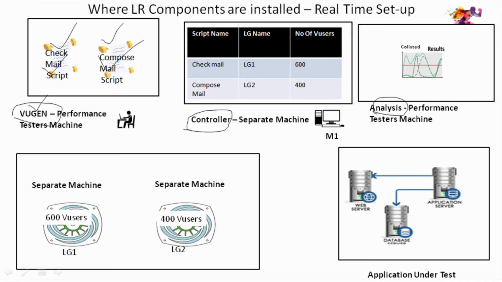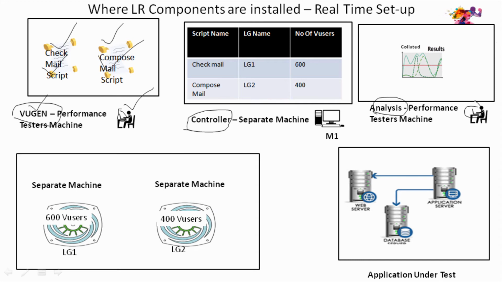Now the first component, VUGen, will be installed on the performance tester's machine, which is your machine. When you go to a company, the company would give you a machine, or a laptop, or a desktop, or whatever it is. So your VUGen is installed on that one, and the analysis is also installed on that.